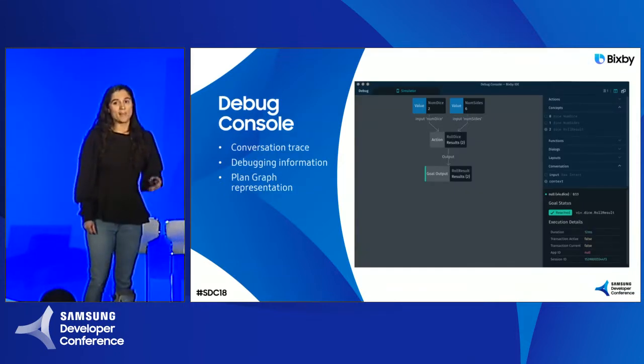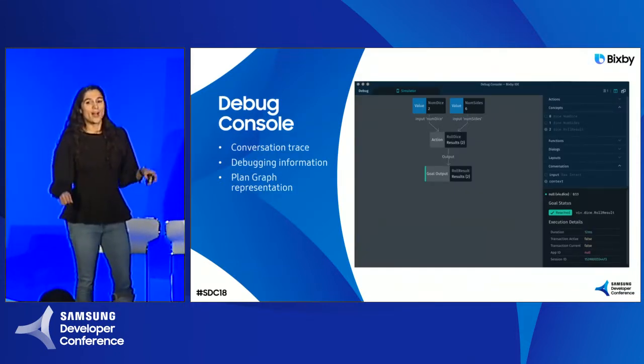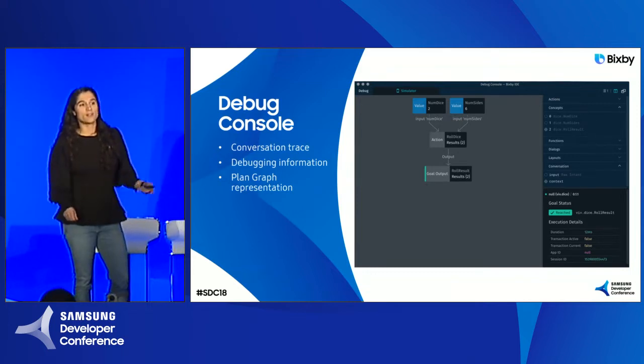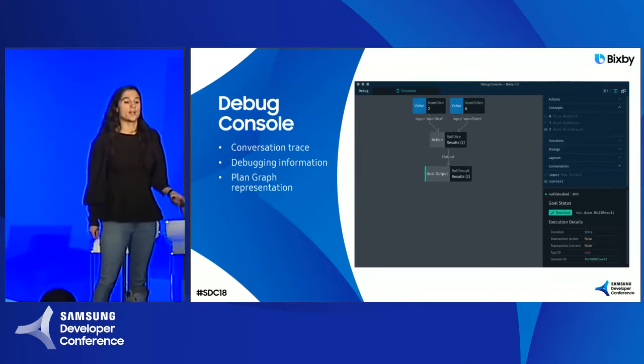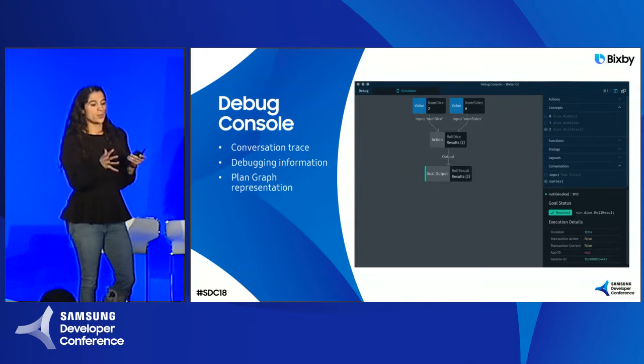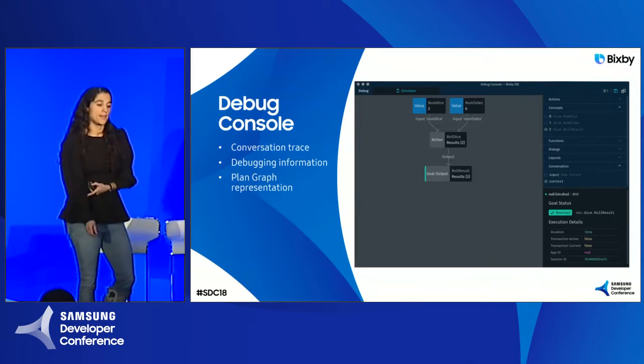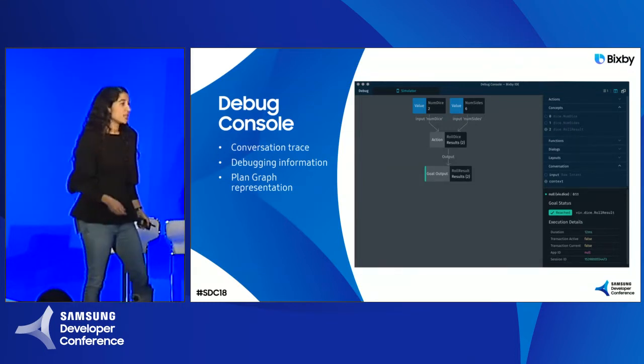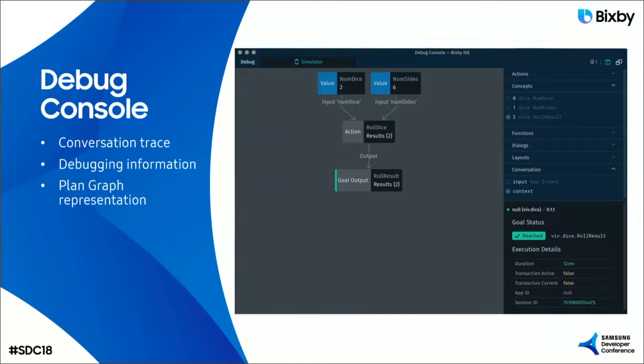And finally, the debug console gives you an under-the-hood view of everything you've just run, for example, in the simulator. And it puts it in this visual representation, this plan graph here that we see, that lets you quickly assess what Bixby did. And this is a graph that Bixby came up with on its own through dynamic program generation.